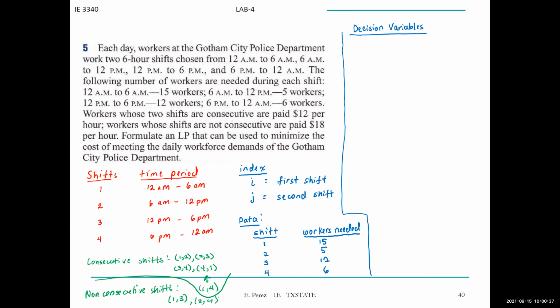My decision variables are going to use these indexes. My decision variable can be defined as x_ij, which is the number of workers working shift i and j.